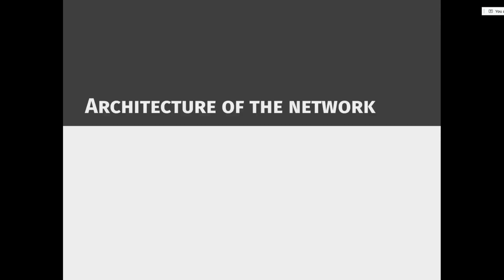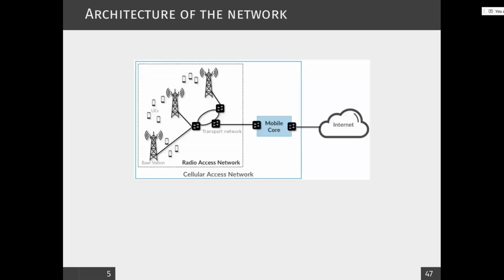So I will now talk about the architecture of the network. So broadly, the network we consider has several components. So this would be the architecture of a classic cellular network where you have base stations that directly connect to the UEs. And then these base stations talk to a core network through the transport network. So you can think of routers here.